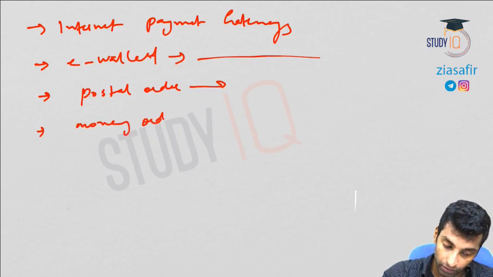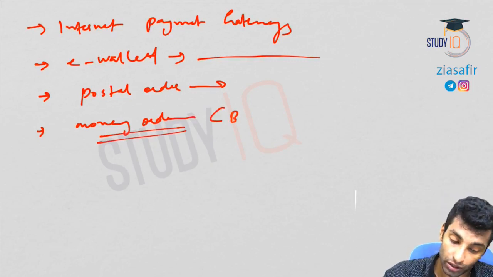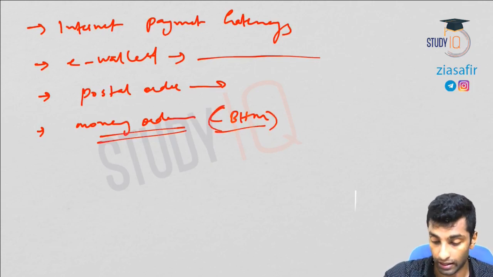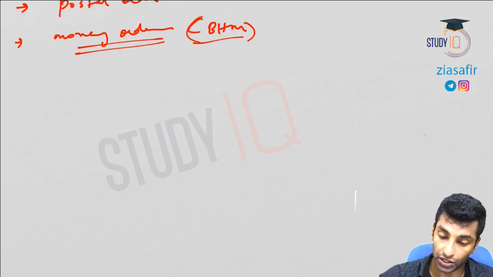Then money order, nowadays e-money order, so this BHIM, UPI, all these other things are there. So these are some of the functions of RBI.